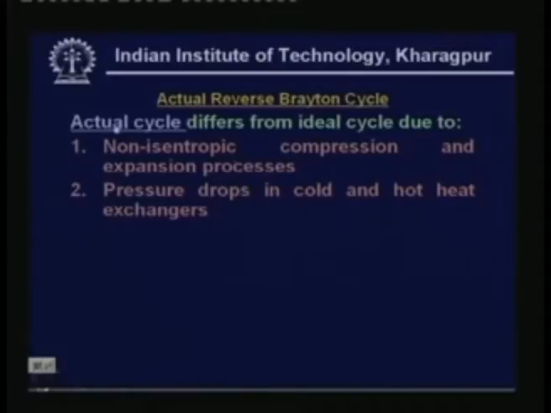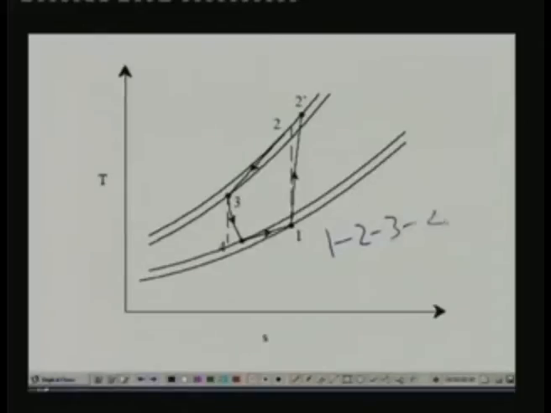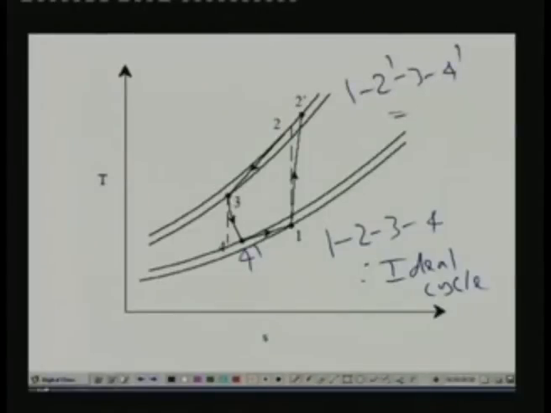I can show this on a diagram. So you can see the difference here. 1, 2, 3, 4 is the ideal cycle, and 1, 2 dash, 3 dash, 4 dash is the actual cycle.